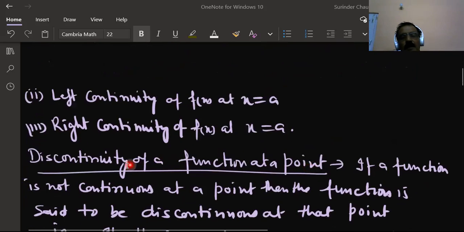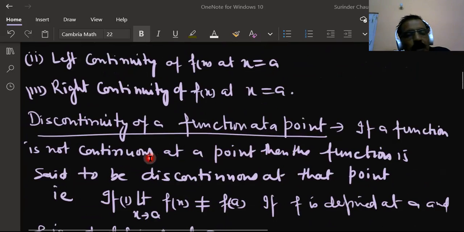Now, if a function is not continuous at a point, then the function is said to be discontinuous at that point. The discontinuity of a function at a point is of many types.